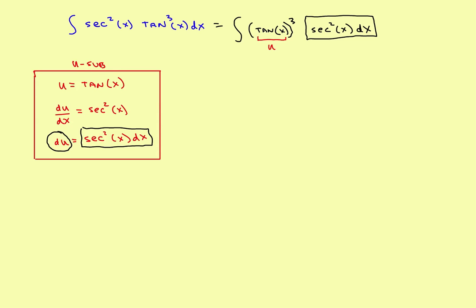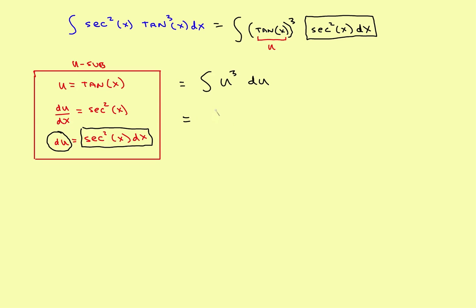So now rewrite the problem. So what I've got is the integral of, now this will turn into u cubed du. So the integral of the secant squared, you can trade it out for that. So again, this is a case of a problem that started out as a trig problem. When you do the U-substitution, it actually turns into a non-trig problem. So find the antiderivative of that.